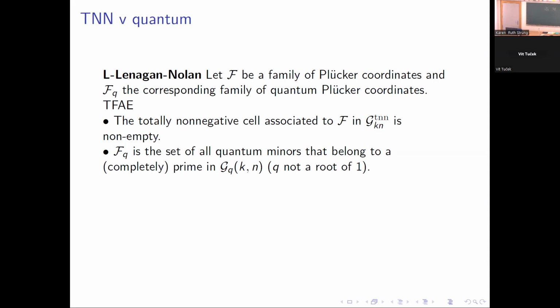Then the following are equivalent. The totally non-negative cell associated to my classical family is non-empty, and the corresponding quantum family is a set of quantum minors that belong to a prime ideal in the quantum Grassmannian. Here I'm assuming q is not a root of unity. It's even better if I assume that q is transcendental.